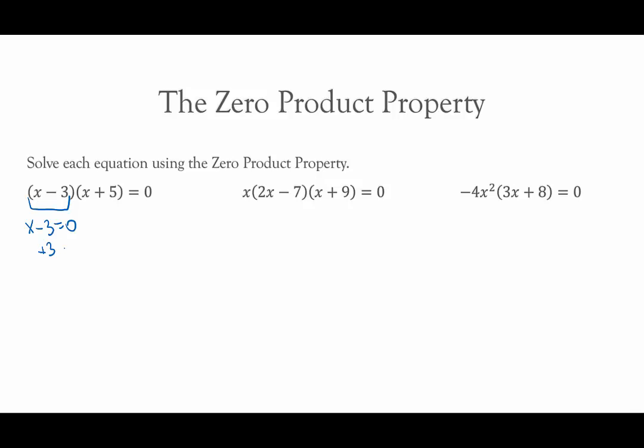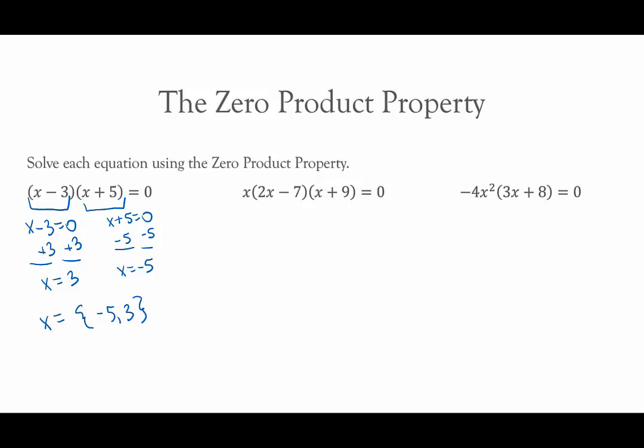I'll add 3 to both sides, and I get a solution of x equals 3. And then I would set x plus 5, the second factor, equal to 0. I subtract 5 from both sides, and I get x equals negative 5. So this one had two solutions. There were two x's, so that makes sense that there were up to two solutions, negative 5 and positive 3.